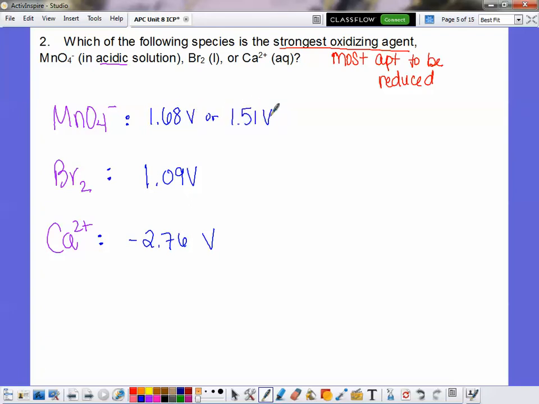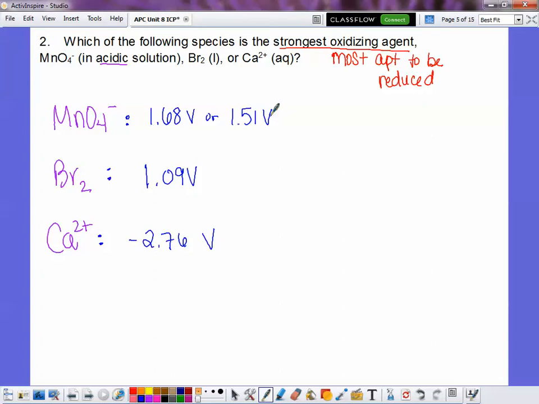The one you cannot use is the 0.56 because it's not specified as being in acidic. If you put MnO4 minus in acidic solution, can you predict which one it's going to? We would need to know what else it is reacting with. By just the half reaction, we don't know. We would need to know what the other half reaction is, like what oxidation would be occurring. Was that your question, Sim? How would you figure it out?